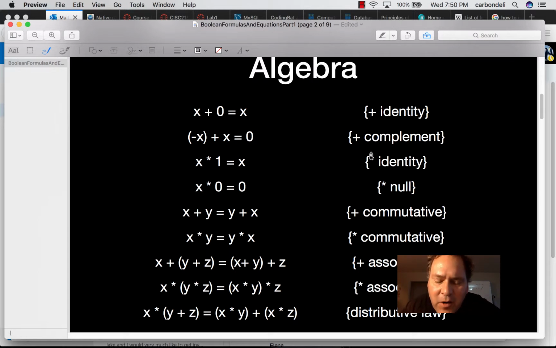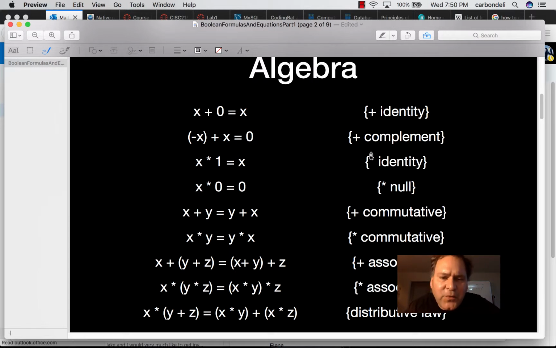We have a variable x, and we're adding 0 to it. It doesn't matter what x is, x plus 0 is always going to be x. And then, just with our understanding of negative numbers, negative x plus x is always going to be 0 because those two values equally offset each other, and the result is 0.